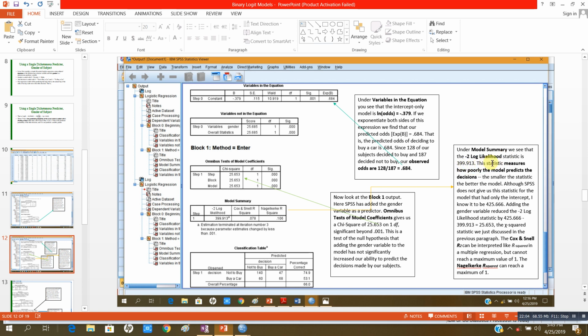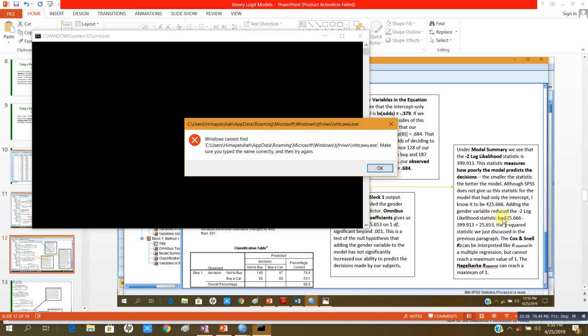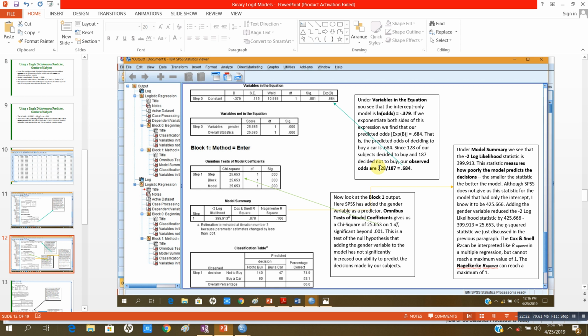Although SPSS does not give us the statistic for the model that had only the intercept, we know it would be 425.66. Adding the gender variable reduced the -2 log likelihood statistic by 425.66 minus 399.913, and that is equal to 25.653, and this value is here.